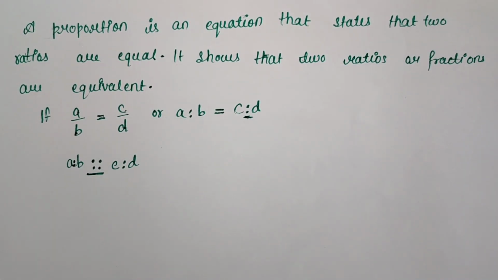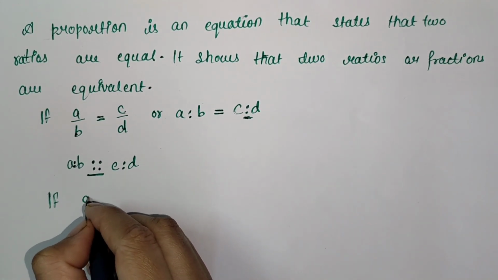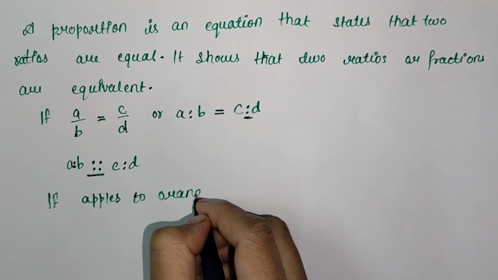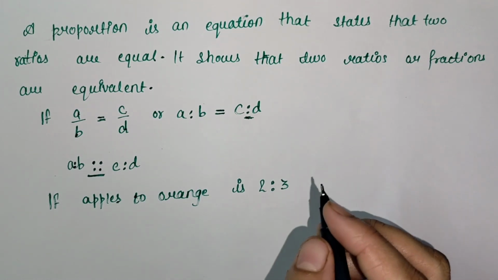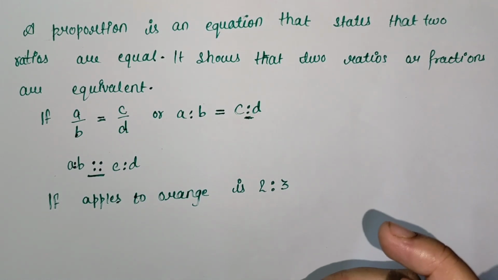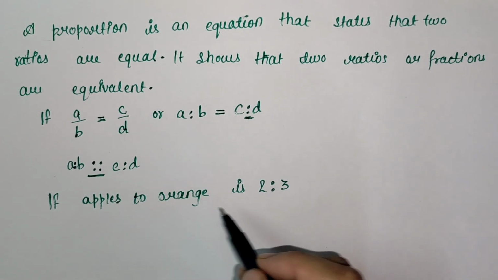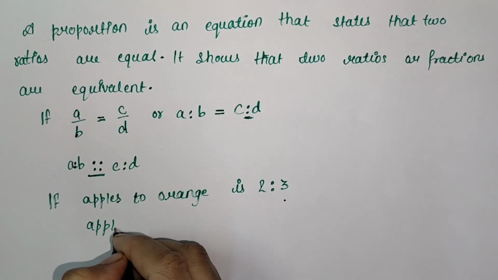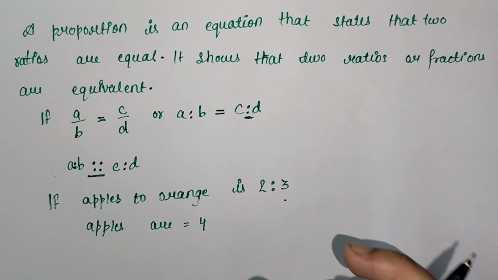Let us take a simple example to understand this better. If the ratio of apples to oranges is 2 is to 3, and there are 4 apples, there must be 6 oranges for the ratios to be in proportion.